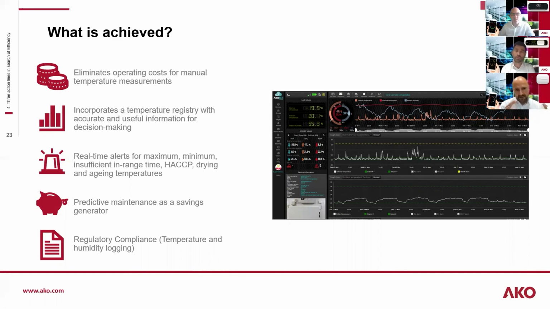So I can implement from one day to another a system that sends me real-time alarms, events, and notifications. I get trustworthy, contextualized, and business-driven information. And finally I have a platform that is easily scalable, I can have multi-site, multi-location views of my entire facilities and easy integration with third-party systems.